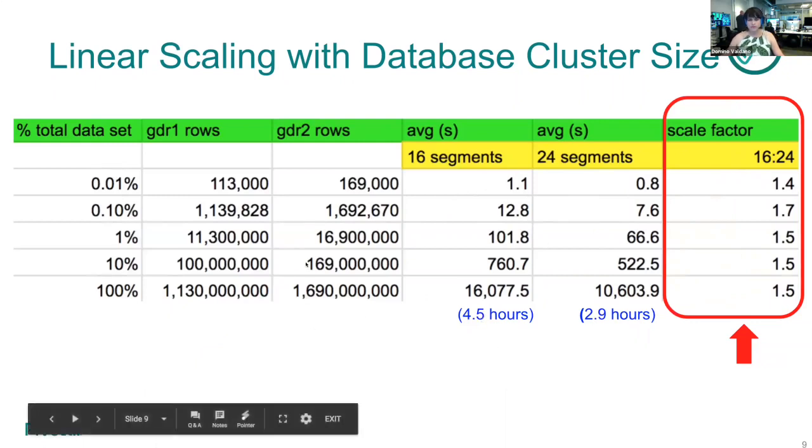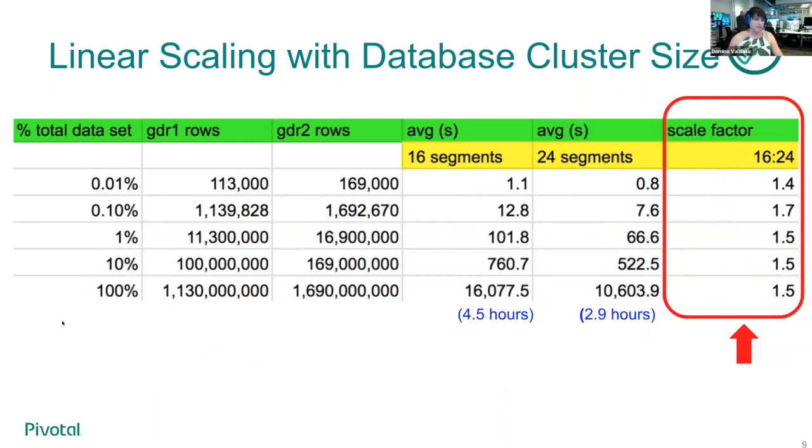And 4.5 hours was the best time with 16 segments, which, even with just 2 hosts, already beat the 5.5 hours. So we don't need the 3, but it's even faster with the 3.